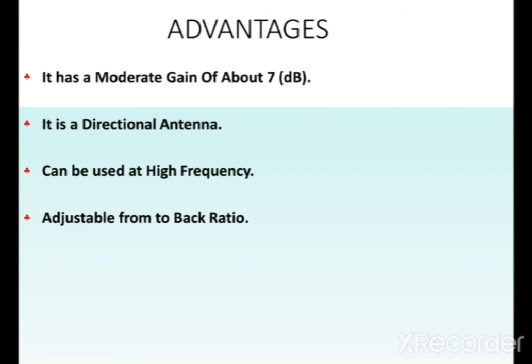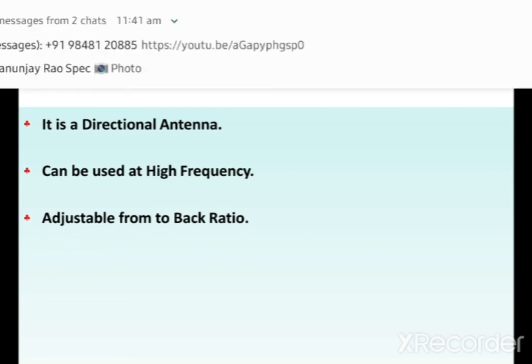The length of director 1 is 0.45 lambda, director 2 is 0.40 lambda, and director 3 is 0.35 lambda. The spacing between the directors is 0.2 lambda, between the reflector and dipole is 0.35 lambda, and between the dipole and the director is 0.125 lambda. These are the specifications for the 5 element Yagi antenna design.